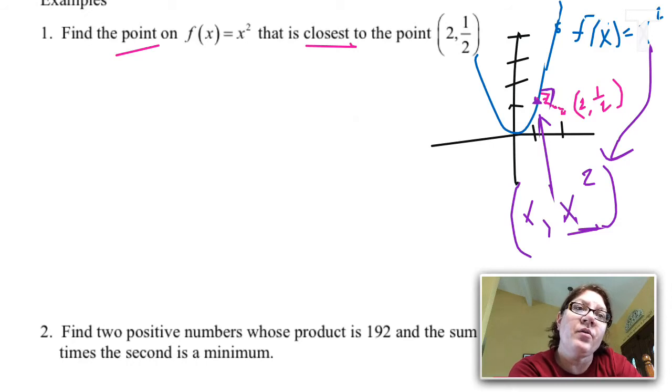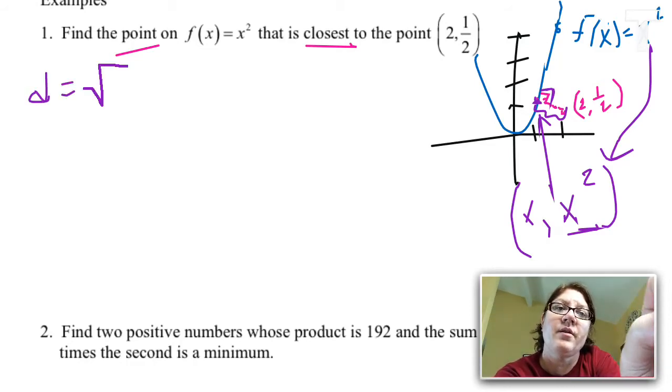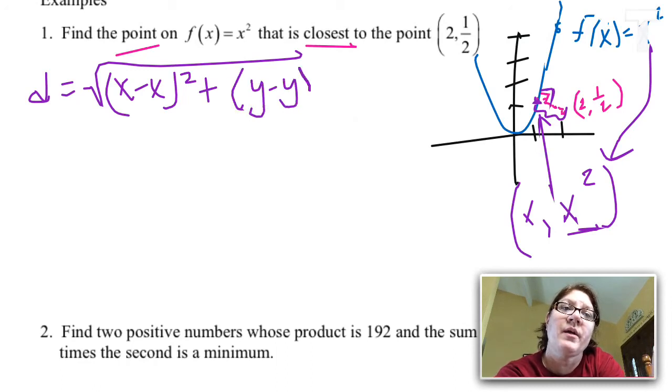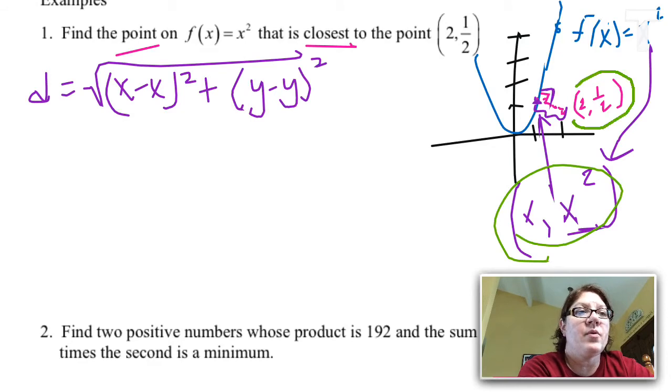So if I want to know this distance, I'd have to use my distance formula, which is nothing more than Pythagorean theorem. And oh, by the way, it doesn't matter what order I put the x's in, because I'm going to square it anyways, and it doesn't matter what order I put the y's in, because I'm going to square it anyways. So I have 2 points. I have this point, and I have this point.